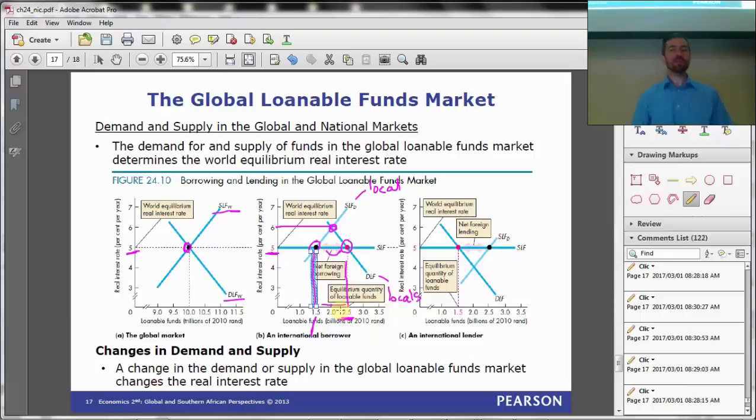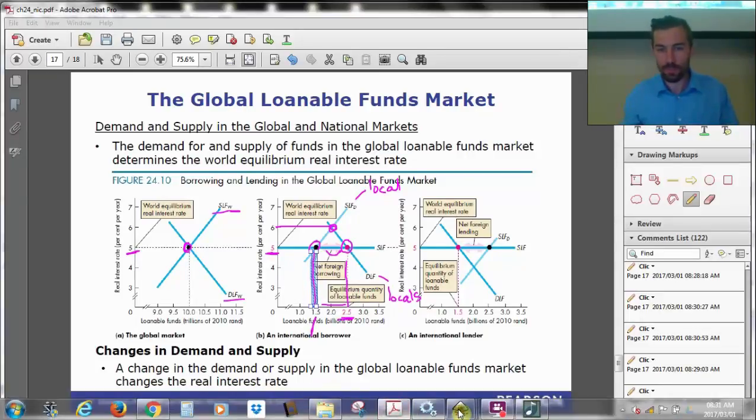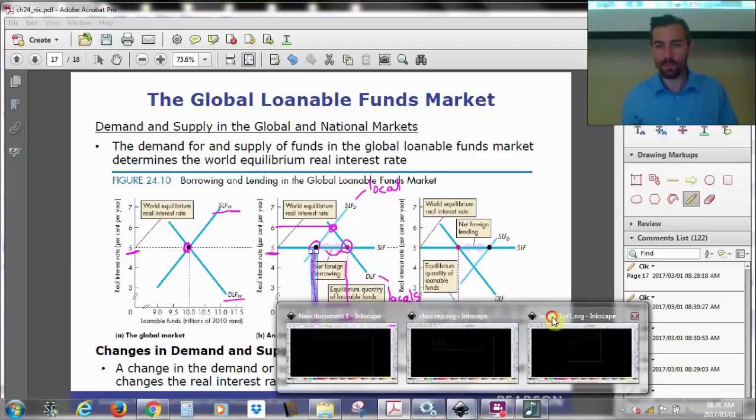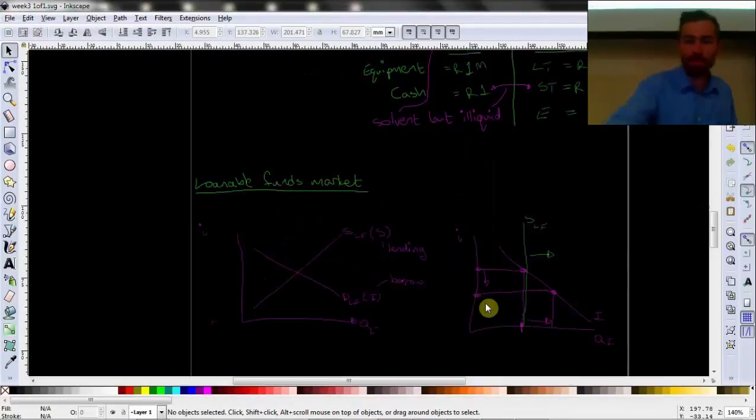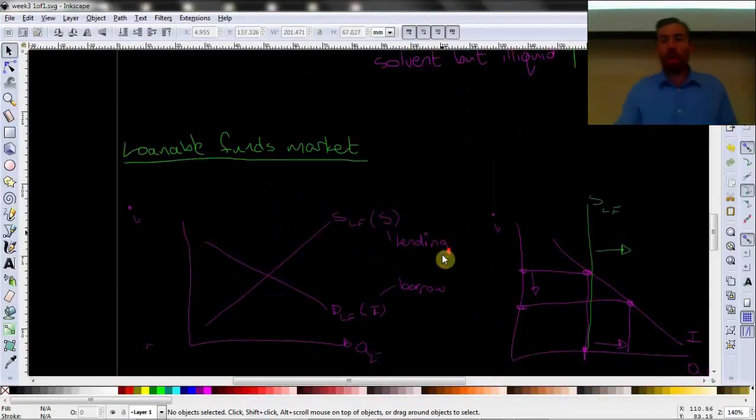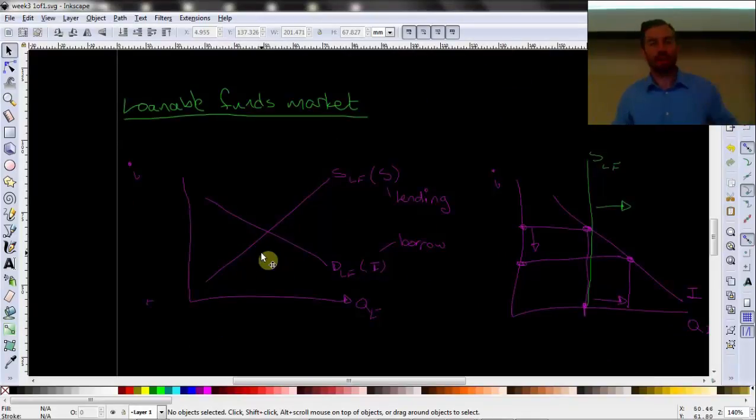Okay. So what I had said right at the beginning of this chapter was that when we deal with the loanable funds market, although we discuss an upward sloping supply of loanable funds and a downward sloping demand for loanable funds, really when we look at the loanable funds market, when we discuss it in the rest of the course, there's two different ways in which we actually think about it.